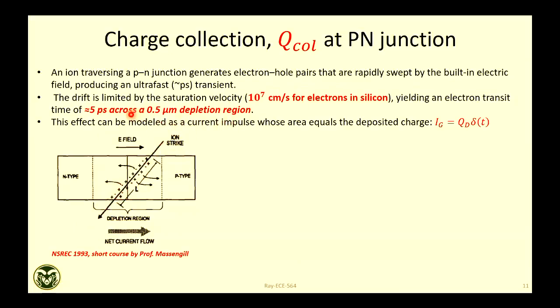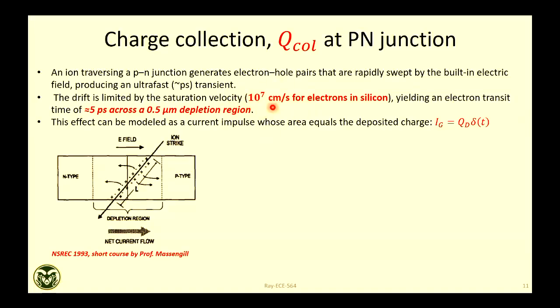first, you can see this electron will move. Electron cannot move faster than the speed of light, for example, but much lower than that, it is called saturation velocity. Electron has the saturation velocity as a function of electric field. So this is 10 to the power 7. This is the highest speed an electron can have in silicon.